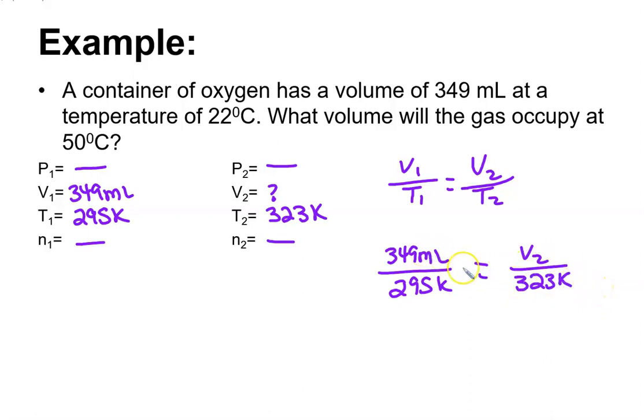Again, I like to multiply and divide, so I would multiply those two and then divide by the thing that's going to have your x. So I would multiply 349 times 323, and I would hit enter, and then I would divide by the 295.